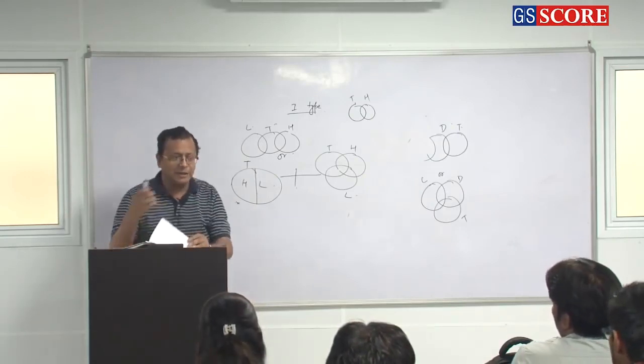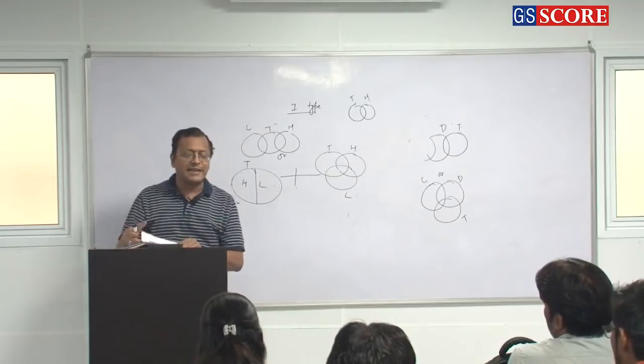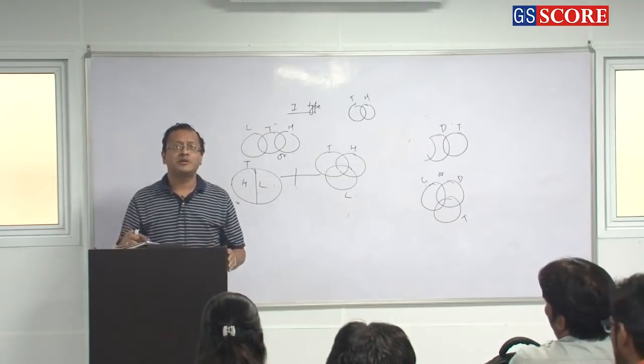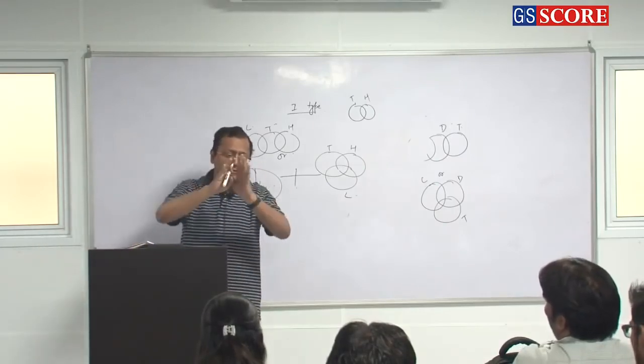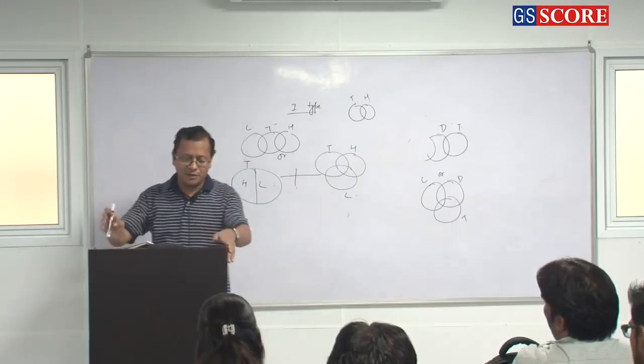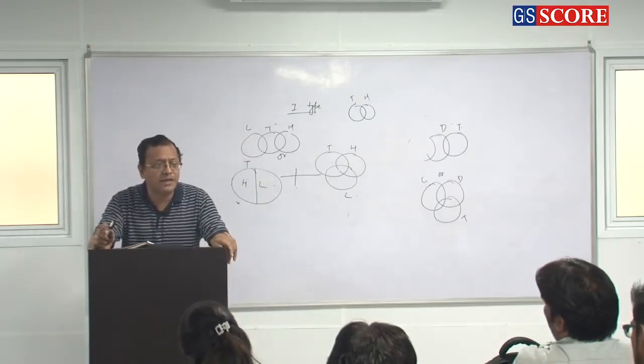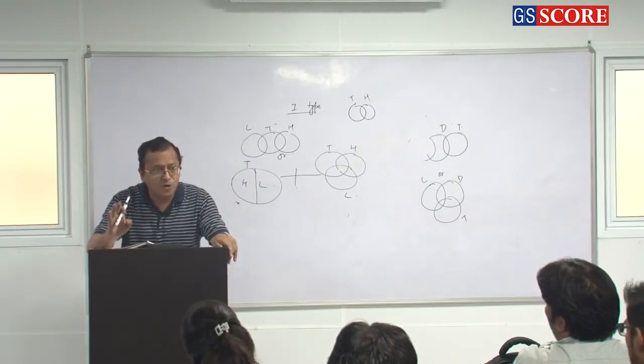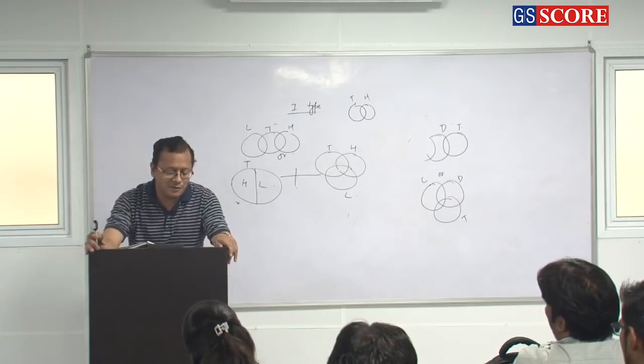Okay. Second kind. First is this one. Second one: only if it rains, I will take an umbrella. If A happens, only then B happens. If it rains, only then I will take an umbrella.